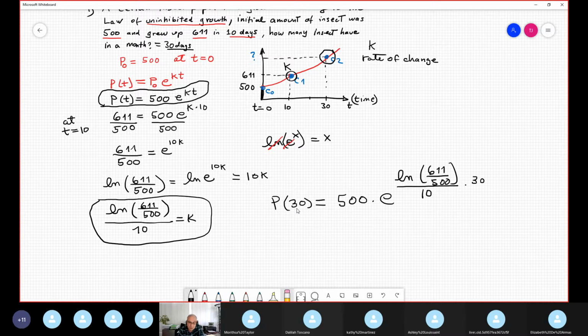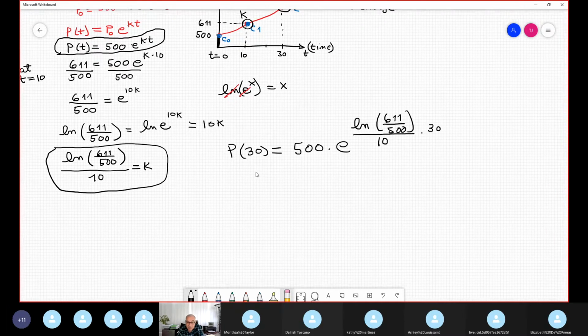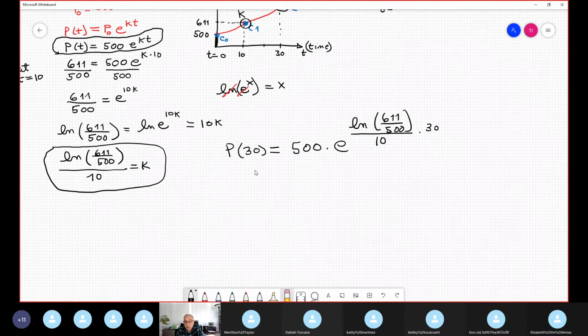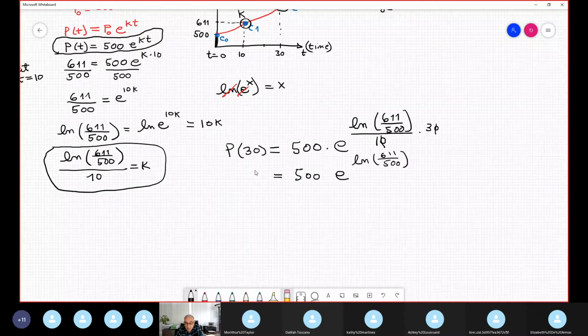Well, if you want, you can simplify a little bit. You cancel out this 0 and this 0, because 30 divided by 10 is 3. So you put in the calculator something like that: 500 exponential, and in the exponent you put natural logarithm of 611 divided by 500 and multiplication by 3, here or in the front.